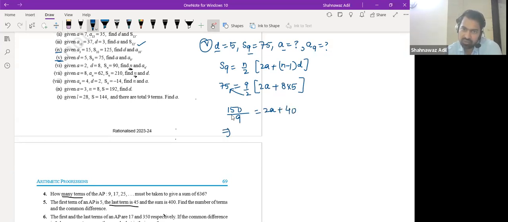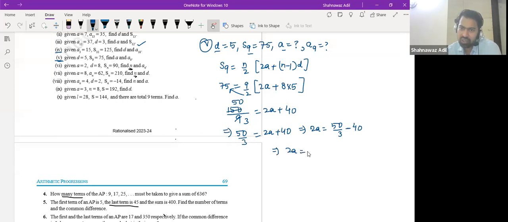So this is how much? 9 ones are 9, right? And 6. So this is not divisible, right? So this would be how much? 50, and then this is 150 by 3, which is 50, equal to 2a plus 40. So 2a would be 50 by 3 minus 40, right?